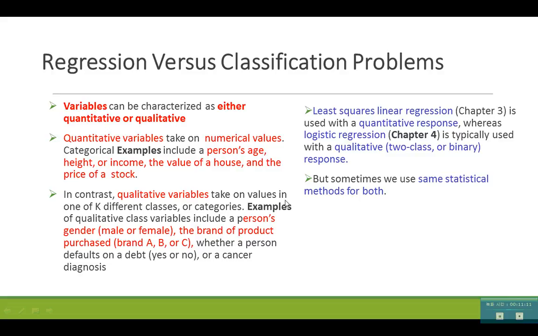In contrast, qualitative variables take a value in one of different classes, for example a person's gender, male or female, or brand of product purchased, like brand A, B, C. Least square linear regression is used with quantitative responses, whereas logistic regression, mentioned in chapter 4, is typically used with qualitative two-class or binary responses. Sometimes we use the same statistical method on both, for example yes or no, right or wrong, but it depends on the data.